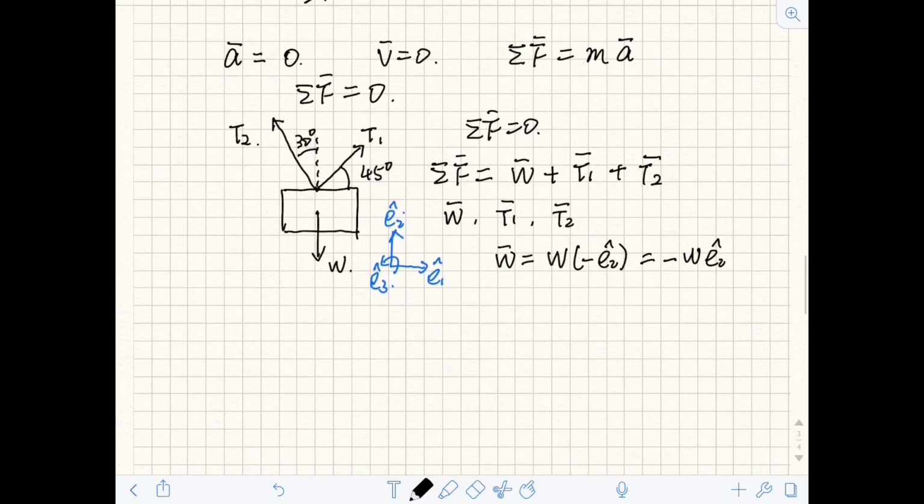But what about T1 and T2? We know the magnitude of T1 is T1. But what about the direction? So in order to find the direction for T1, let's write T1 bar equal to T1 times U1, and U1 is the direction of the tangent T1.